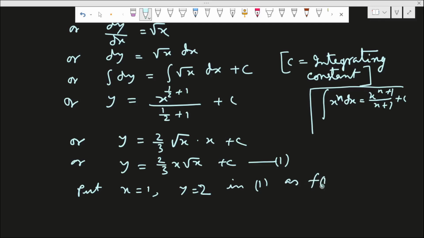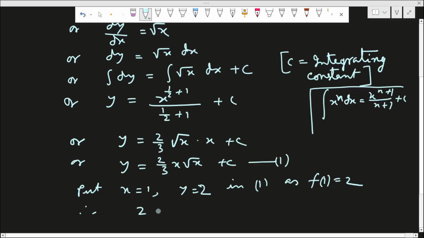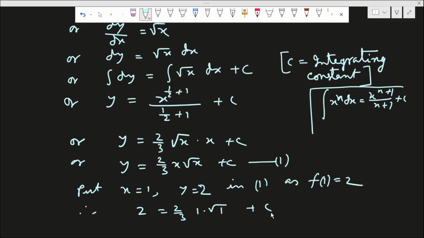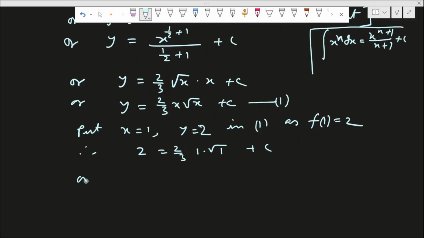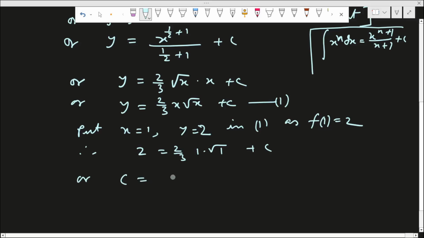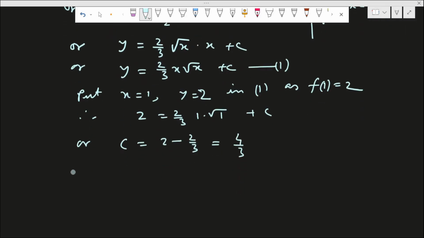As f(1) is equal to 2, therefore 2 is equal to 2 by 3 into 1 plus c, or c is equal to 2 minus 2 by 3, that is equal to 4 by 3. Now put the value of c in equation 1.